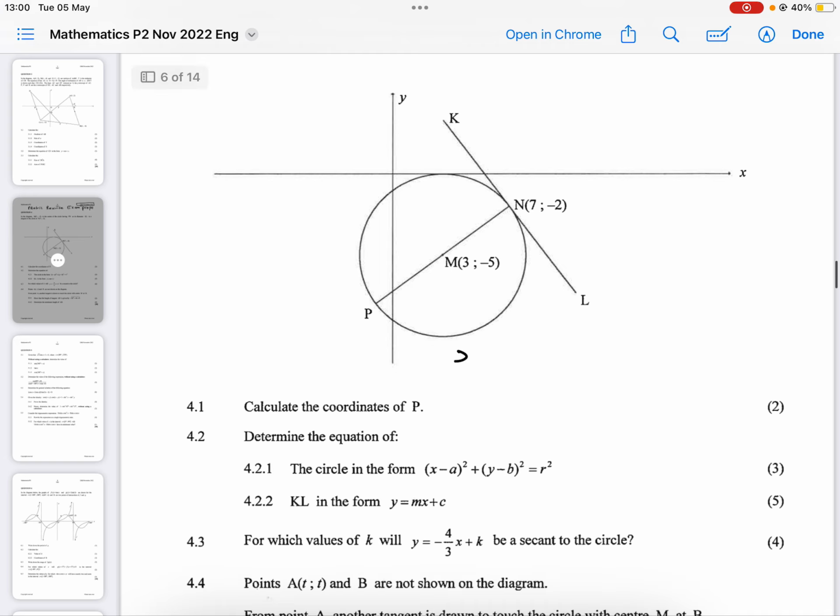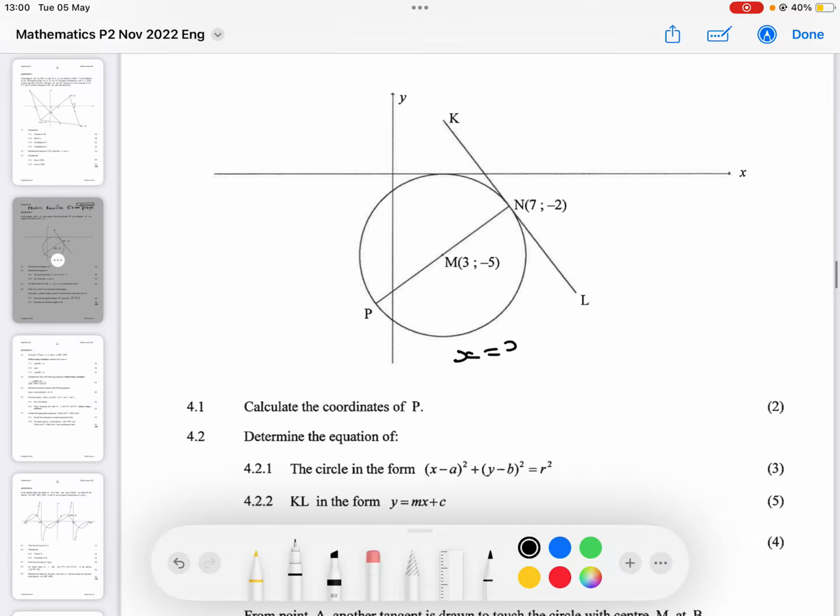So we can get the coordinates of P using the midpoint formula. I'm going to use x equals x1 plus x2 divided by 2, and y equals y1 plus y2 divided by 2. This is the x at midpoint, this is the y at midpoint, meaning the M coordinate. So x at M is 3.